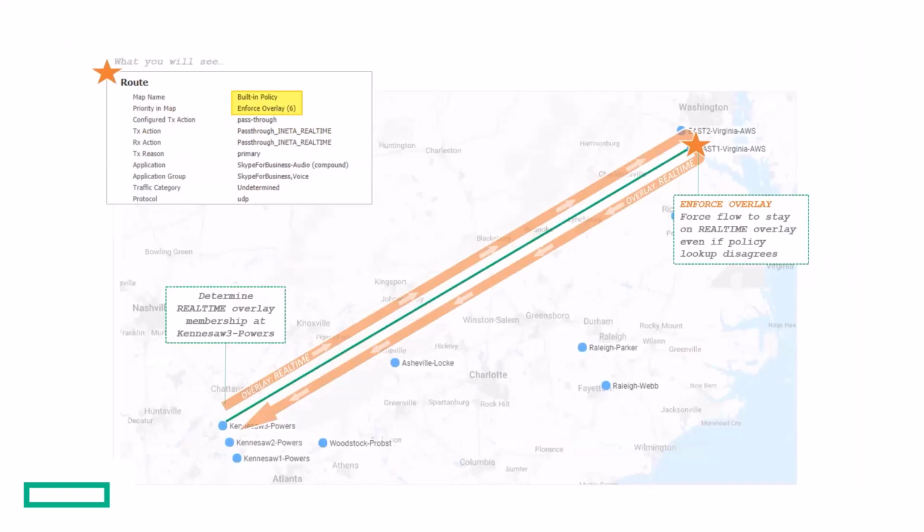No matter what happens at East 1, no matter what happens at the hub, the return path is always going to be over the same overlay over which the packets came in. It cannot return back to Kennesaw 3 over some other overlay. It is forced to return over real-time. And you'll see this in the flow table. It'll appear, as you see in the top left up there, as a built-in policy enforce overlay.